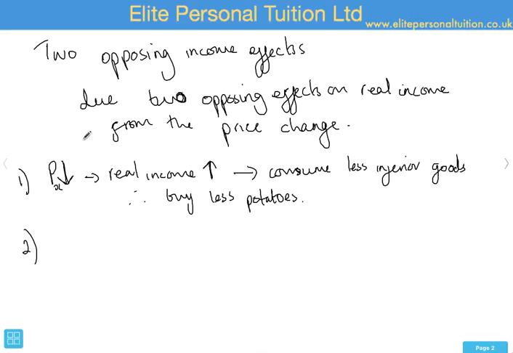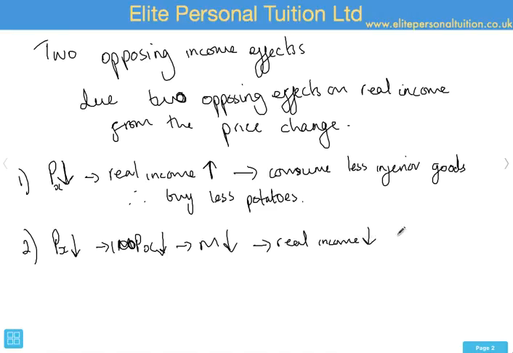But because our income also comes from the sale of potatoes, when the price of the potatoes goes down, 100 times PX goes down. So therefore her income goes down, which means that her real income falls, which encourages her to consume more inferior goods.